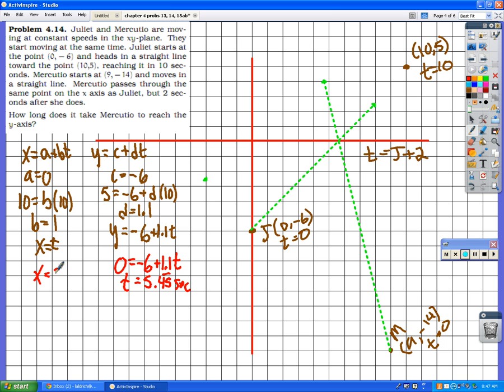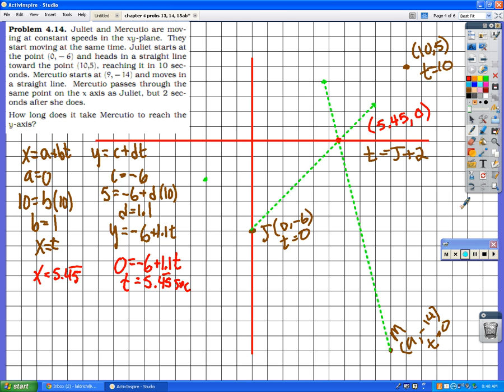At 5.45, because the x's and the times for her are the same, okay? So the point of interest right there is 5.45, comma, 0.